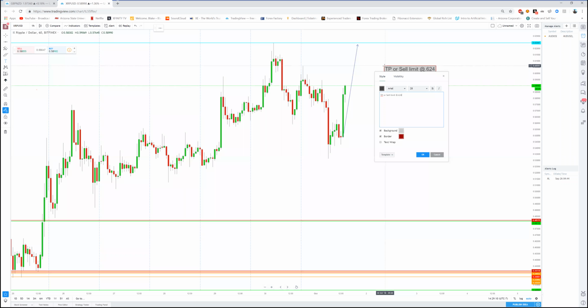I usually like to do 2 pips below the actual point. So instead of doing 441, I chose 421.